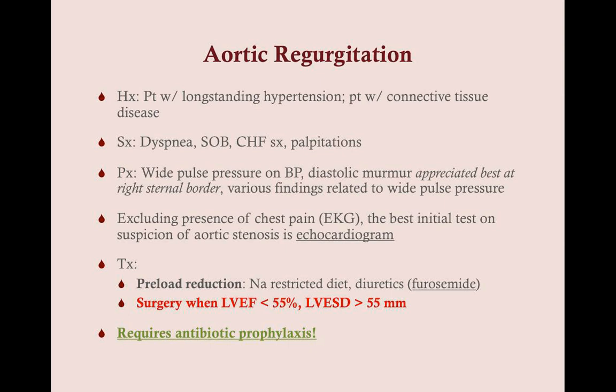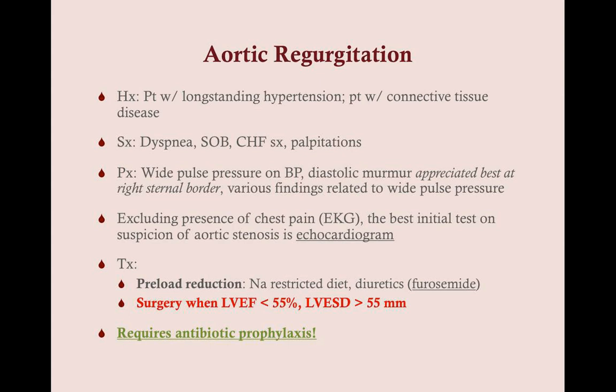What's going to be more specific is what you see on physical exam, and you'll see this on your blood pressure. You'll see a wide pulse pressure, and the higher the patient's blood pressure goes, the more prominent this wide pulse pressure will be. So at rest, they might just be 130 over 65, and that's not really that big of a deal.